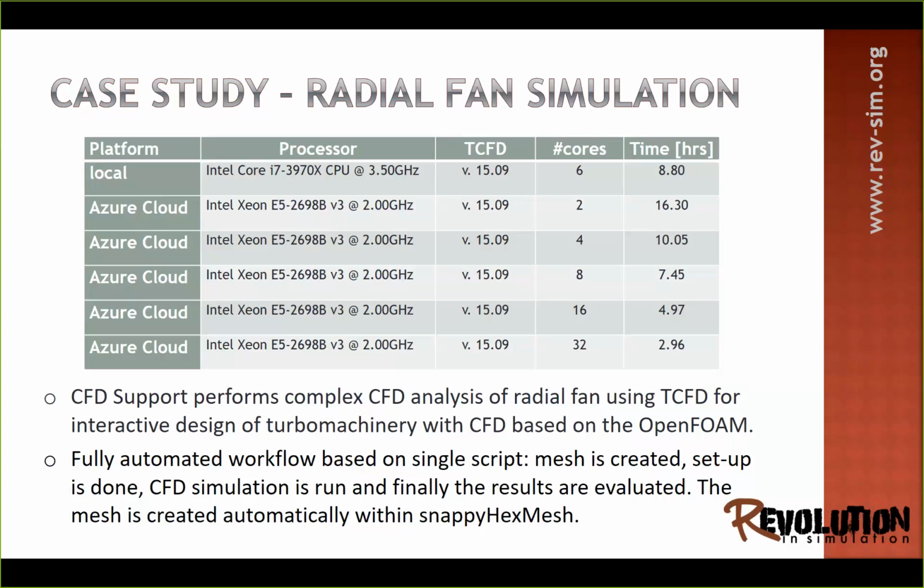And obviously, when you look closer at the timing results on the right-hand side, you see nice scalability. So you could certainly use 64 or 128 cores. Computational fluid dynamics is known usually for being highly scalable. And we have had examples where we used 1028 cores, for example, for CFD simulations.